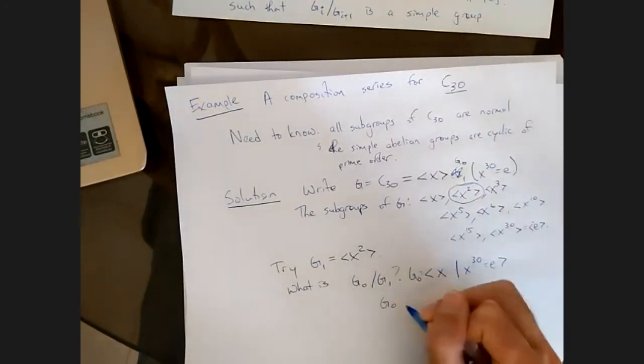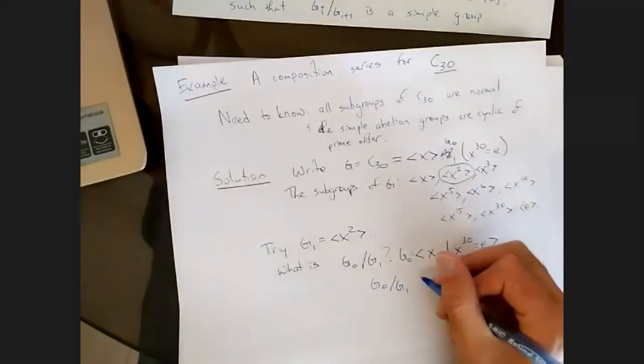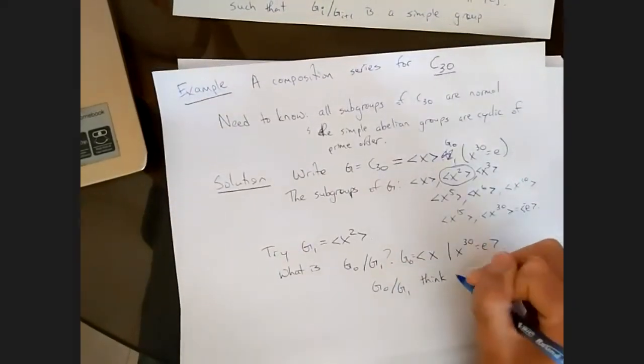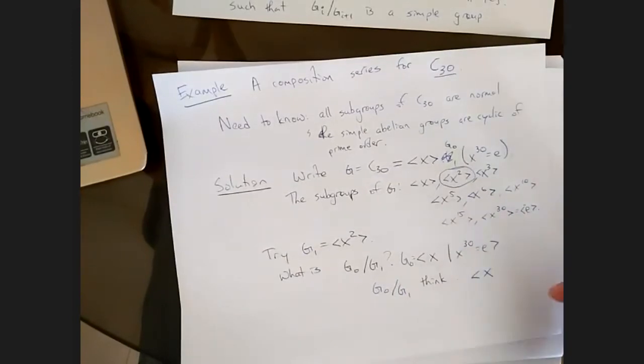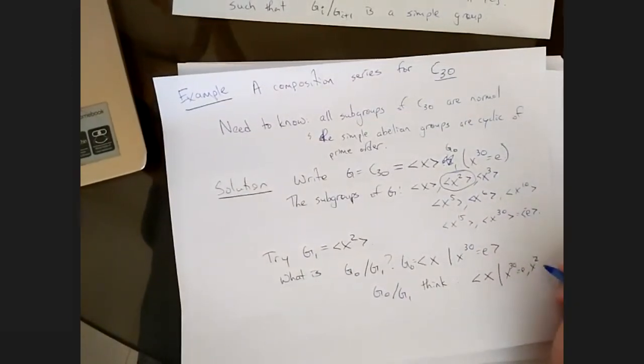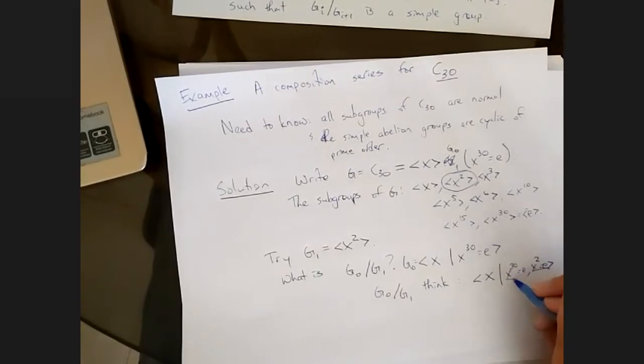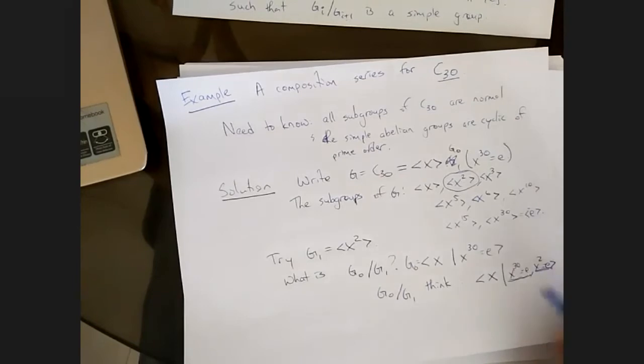So we can think of G0 mod G1 as the group generated by X subject to X to the 30th is the identity and also X squared is the identity. Of course, if X squared is the identity, this relation is trivial. This relation just follows from this one.